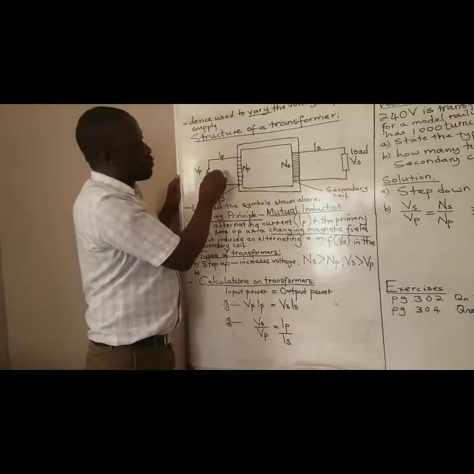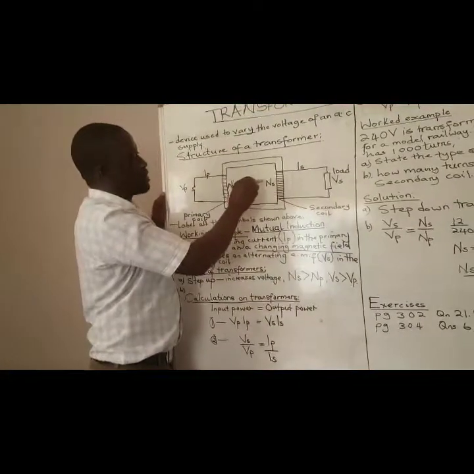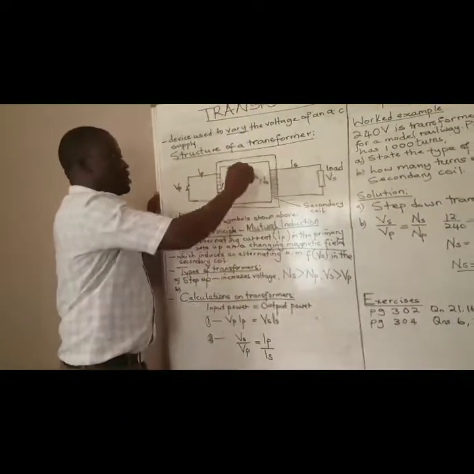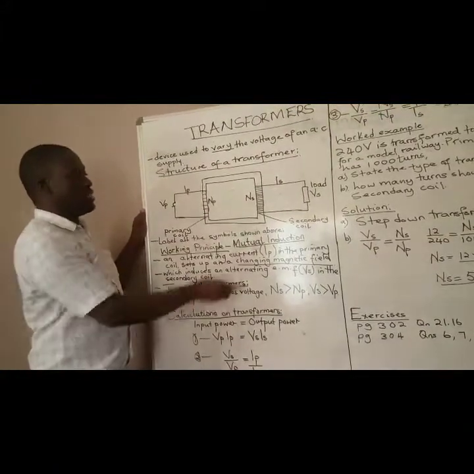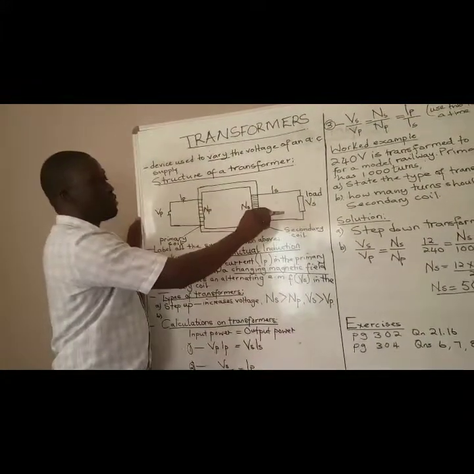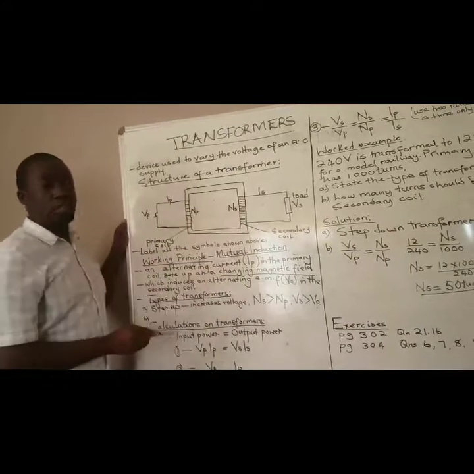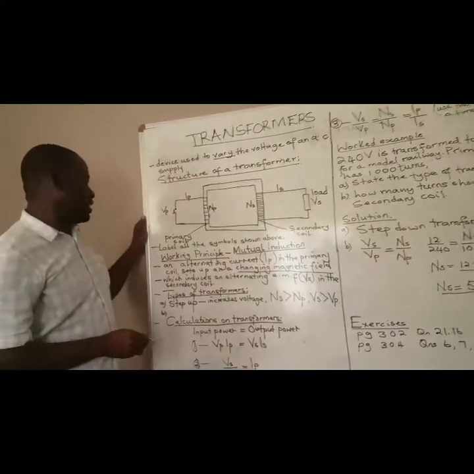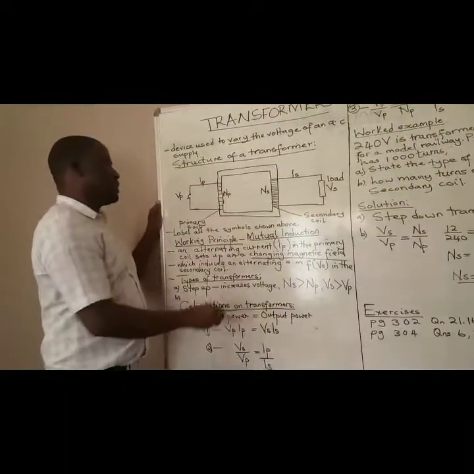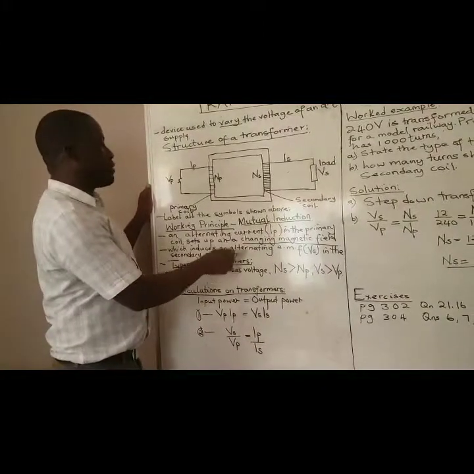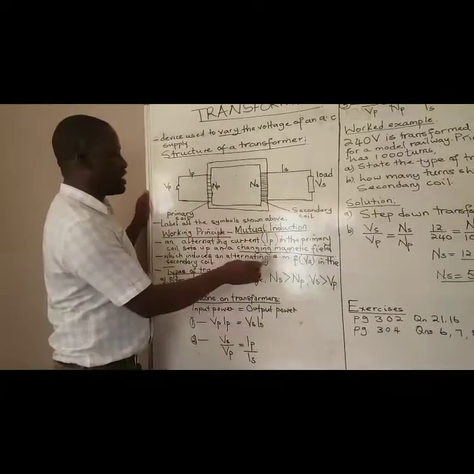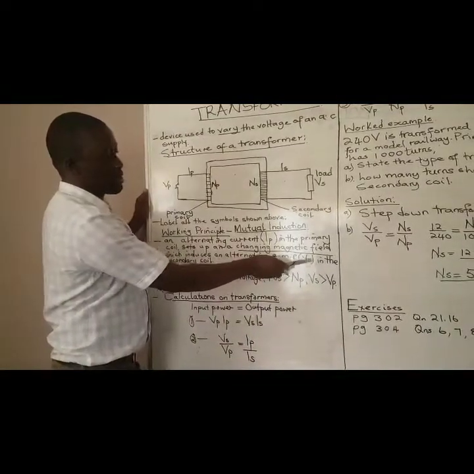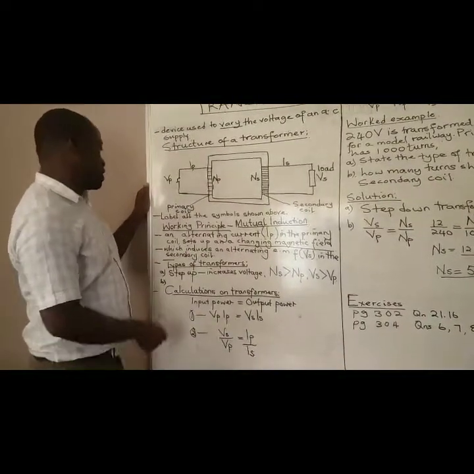And that magnetic field, as it spreads out, will interact with another coil this side, the secondary coil. And we have an EMF being induced and a current being induced. So we are saying an alternating current in the primary coil sets up a changing magnetic field which induces an alternating EMF, Vs, secondary voltage, in the secondary coil.